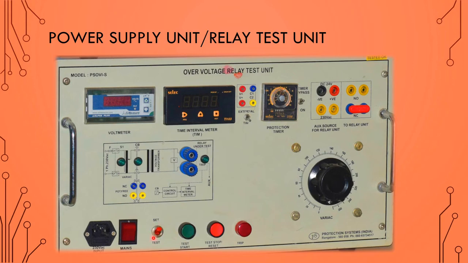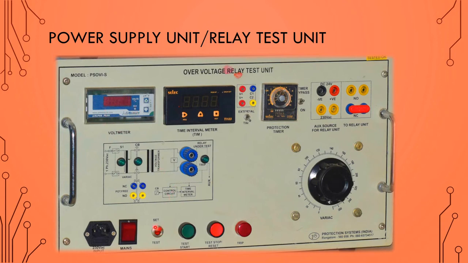That means in set mode, the signal is bypassed. In test mode, the fault signal will come to the circuit breaker.